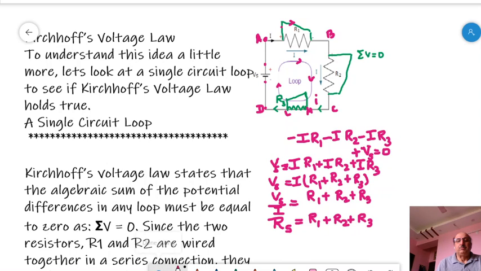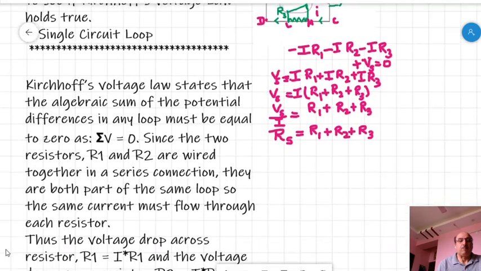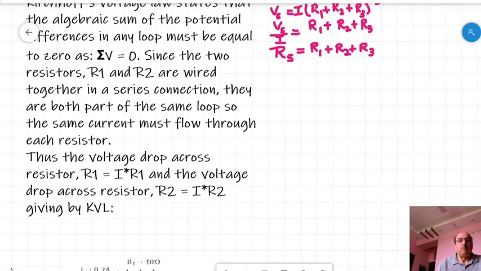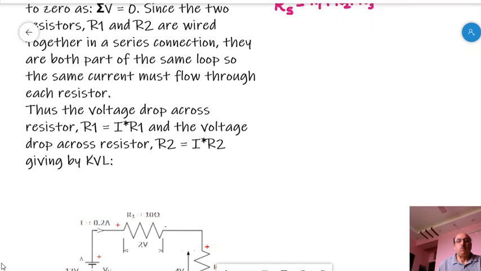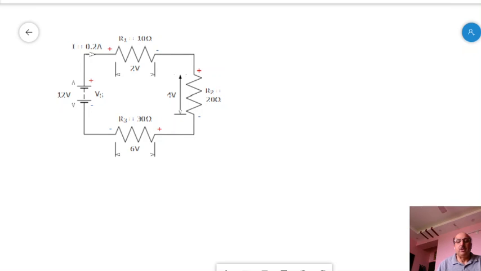Now we take some other circuit. Here is another circuit, and in this circuit we are again using a simple one, not a complex circuit, but here is the numerical.